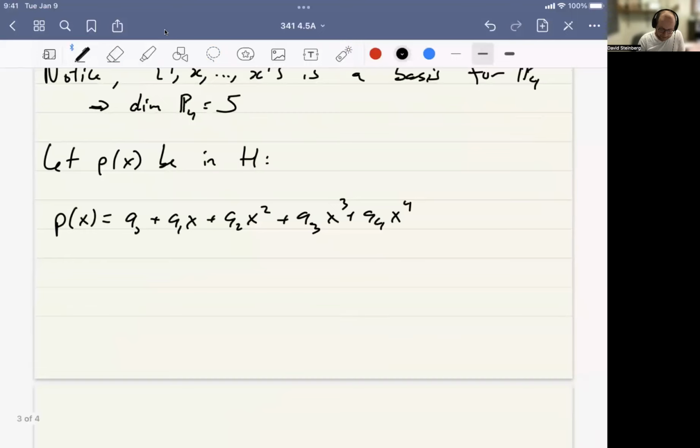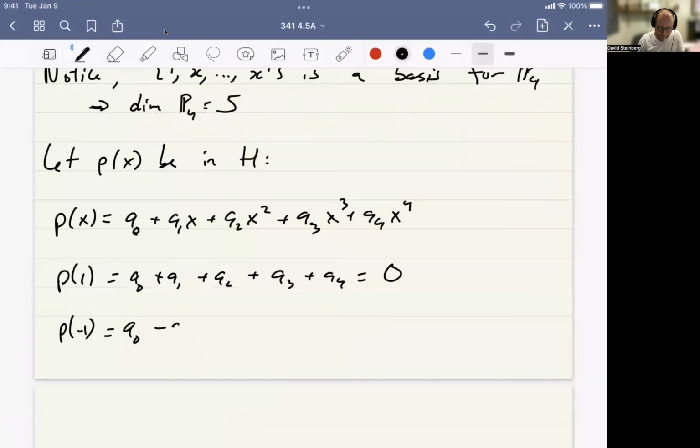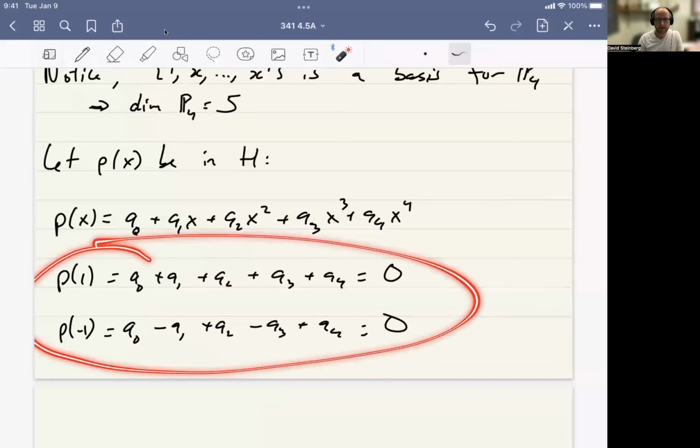We also know, since it's in H, that p of 1, which is a0 plus a1 plus a2 plus a3 plus a4, is equal to 0. And we know that p of -1, which is a0 minus a1 plus a2 minus a3 plus a4, is also 0. And one thing we can notice is that this actually gives us a system of equations to solve in these a variables.